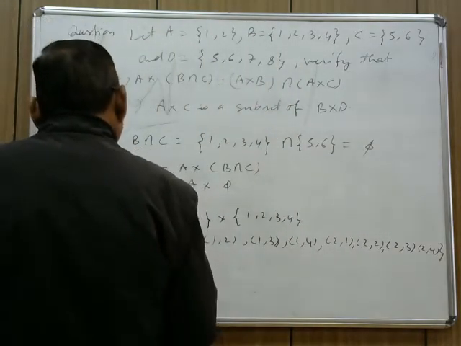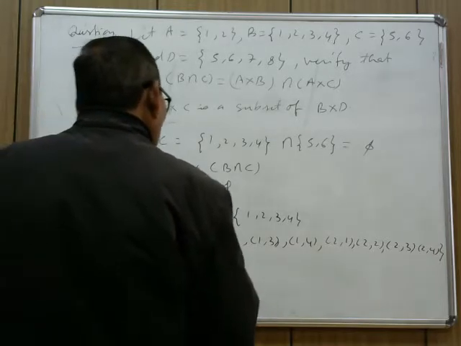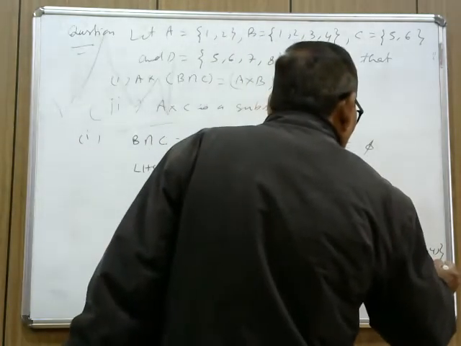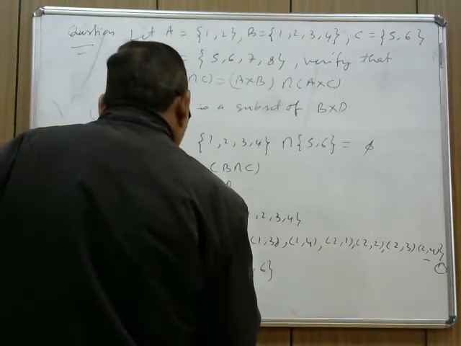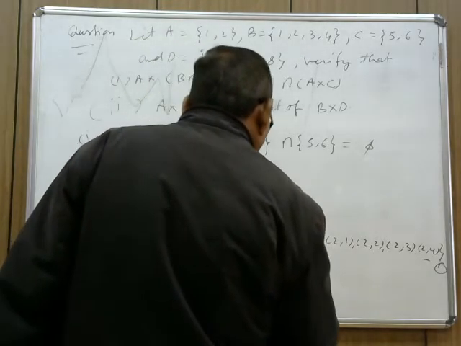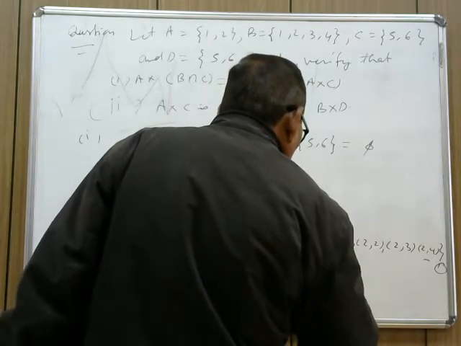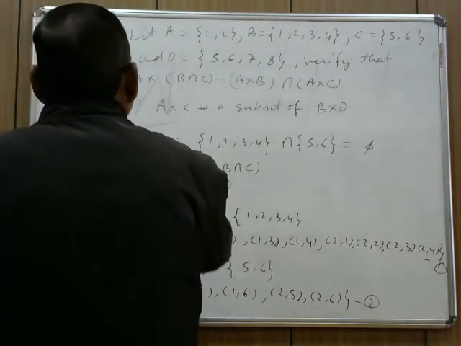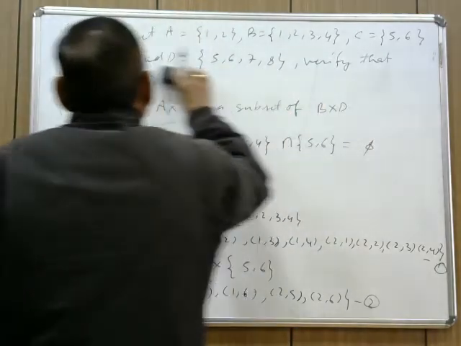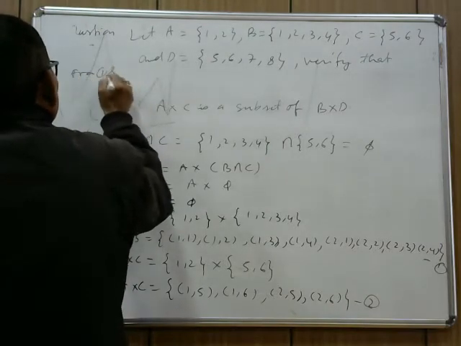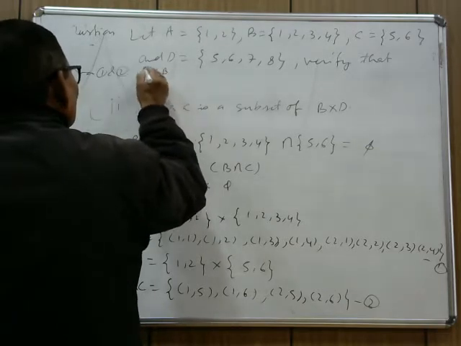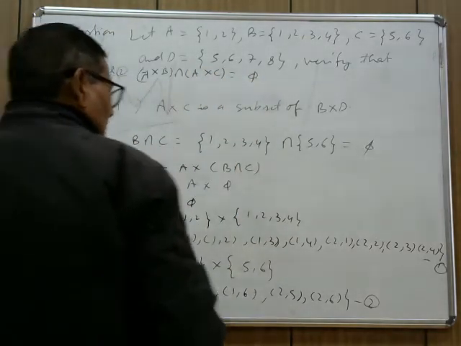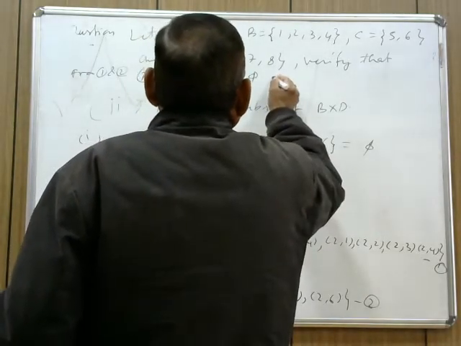Now you find A cross C. A cross C is defined as {1, 2} cross {5, 6}, that is (1,5), (1,6), (2,5), (2,6). From these, A cross B intersection A cross C also has no common element, that is phi, and this is the RHS.